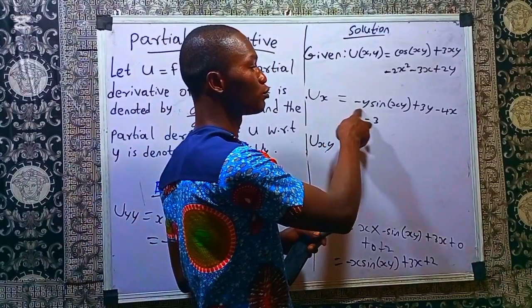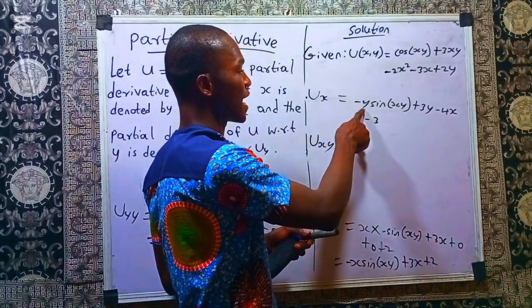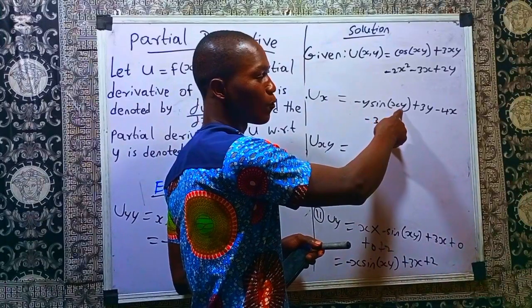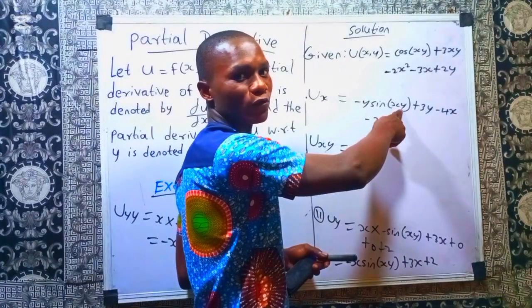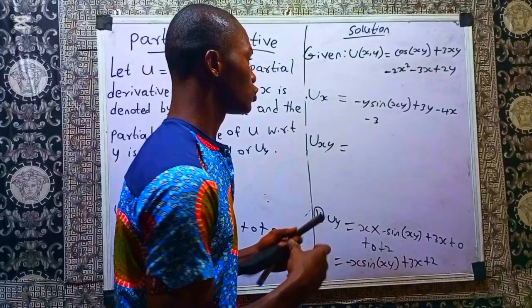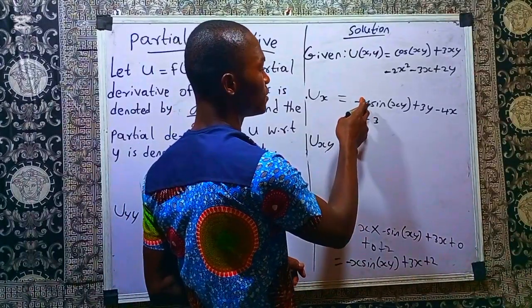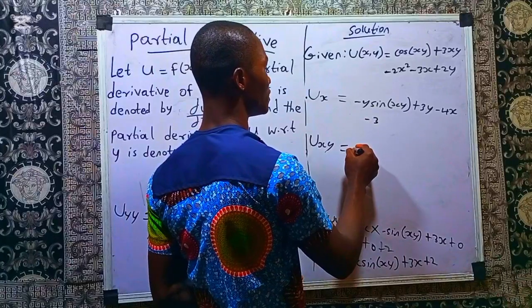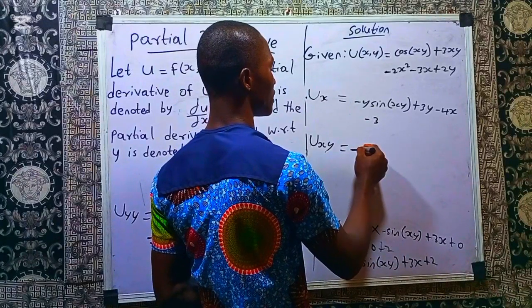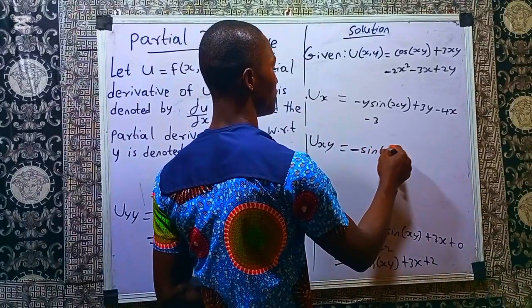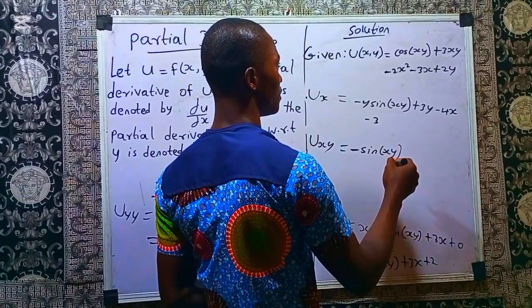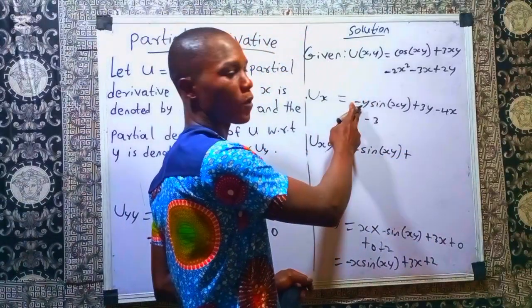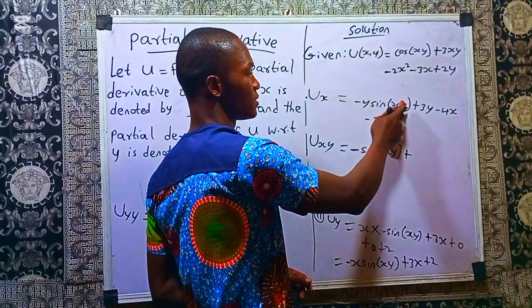I'm going to use the product rule, because I have y here and y in the angle of sine. So I will differentiate this y and keep sine. If I differentiate y, I'll get negative sine xy, plus, and I will now keep this y and differentiate sine.